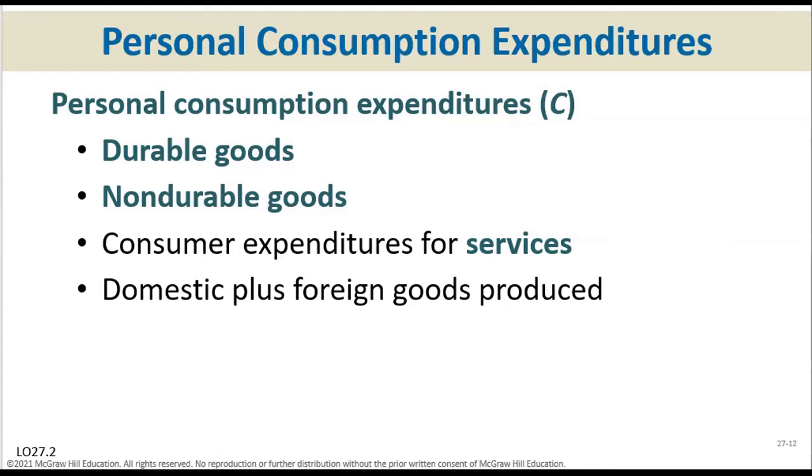For the United States, in a given year, approximately 10% of those expenditures are on durable goods, which have a life of 3 or more years. You can use them for 3 or more years, and about 30% of those expenditures go toward non-durable goods. Think of food, clothing, gasoline.